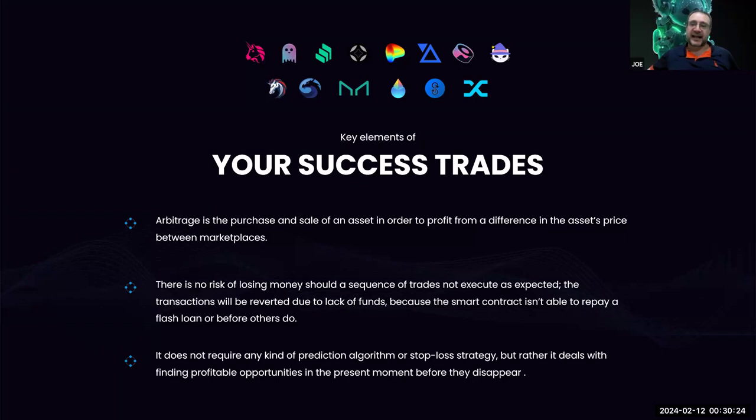So the odds are stacked against you because they can move the markets to their advantage because they trade in such large amounts. But with Boomerang AI, you don't have to worry about that sort of thing. So you don't need any specific algorithm or stop loss strategy. Rather, it deals with finding profitable opportunities in the present moment before they disappear.